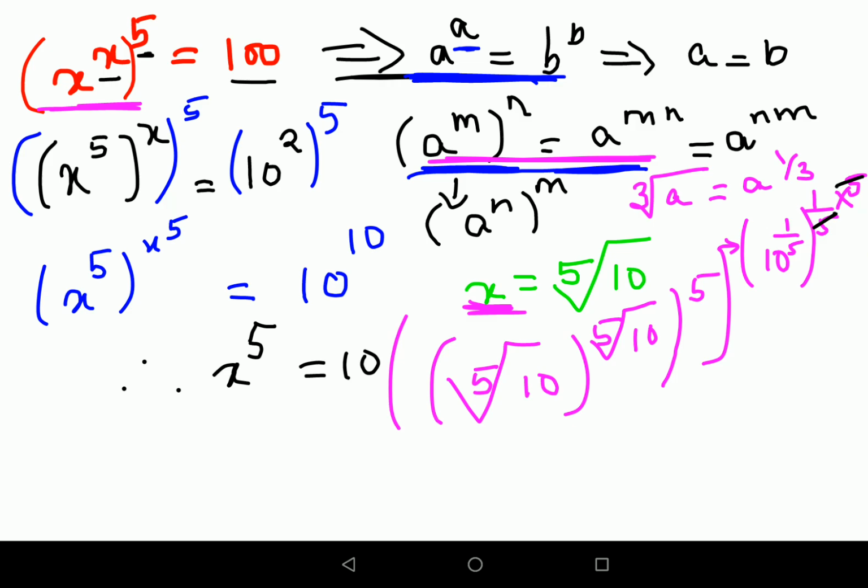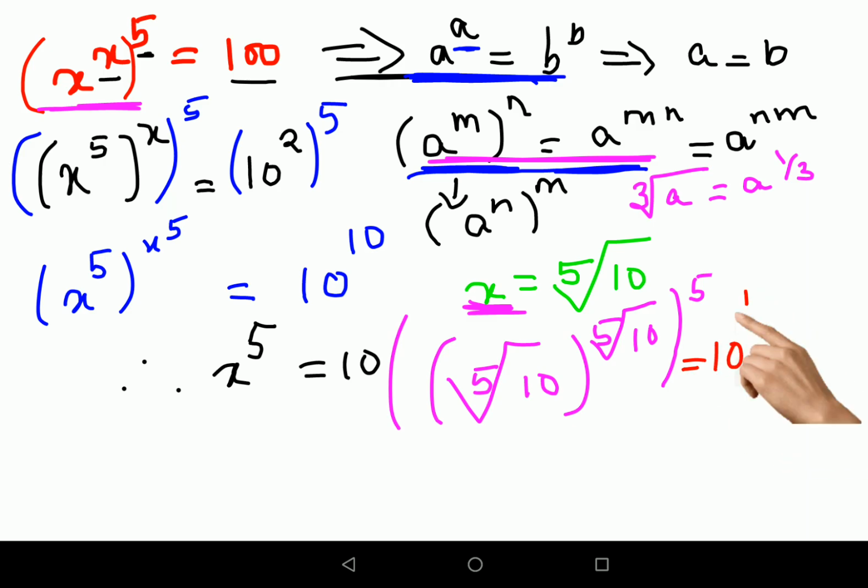Sorry, my bad. This was not the right step. I'm going to rewrite it over here. So we can write this as nothing but 10 raised to 1 upon 5, the whole raised to 10 raised to 1 upon 5 into the fifth power, which is 5.